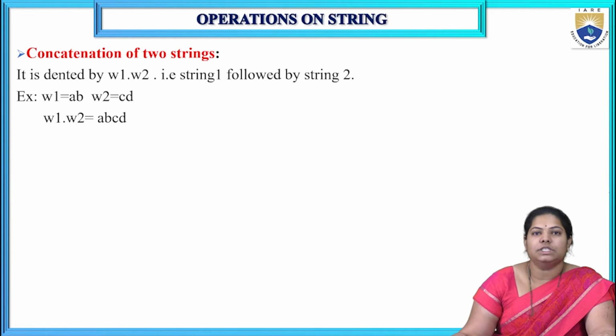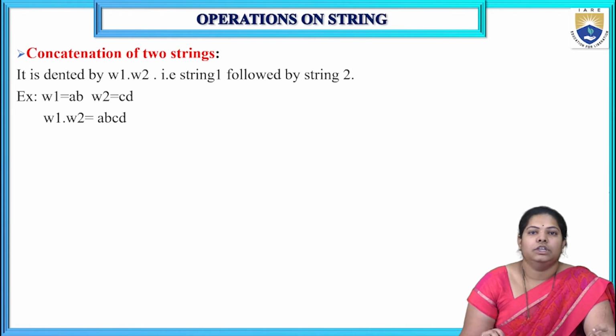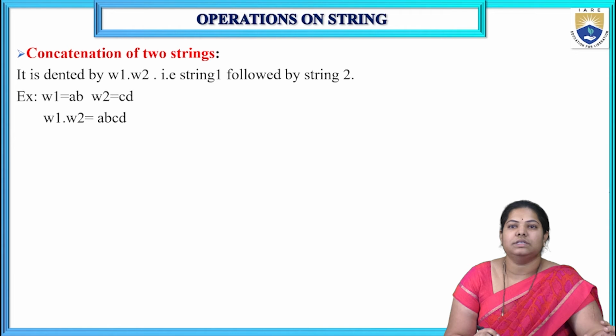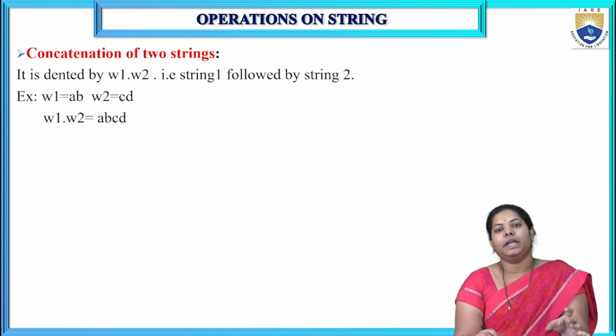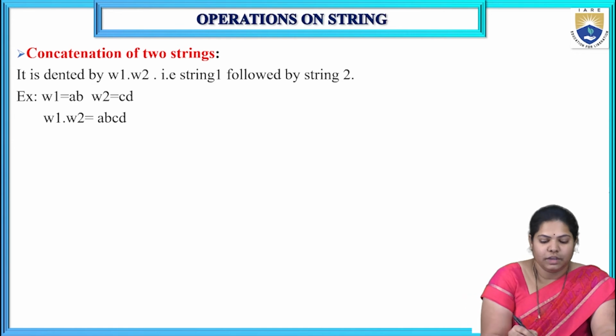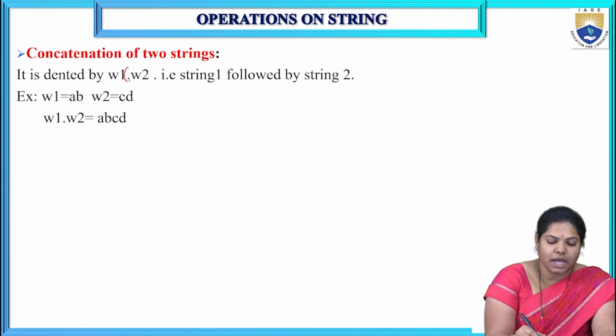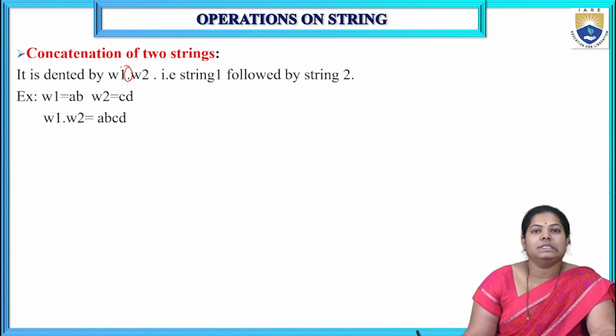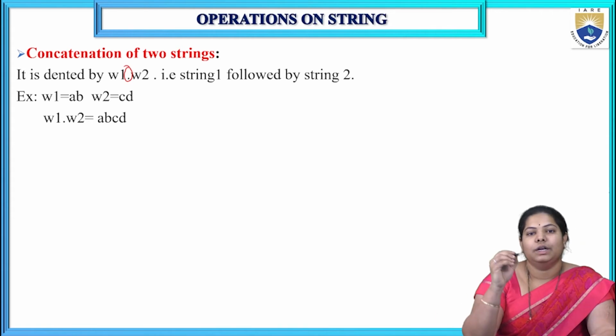The next one is the concatenation of two strings. Concatenation is combining the two strings into a single string. The concatenation of two strings is represented by using a dot symbol between the two strings.